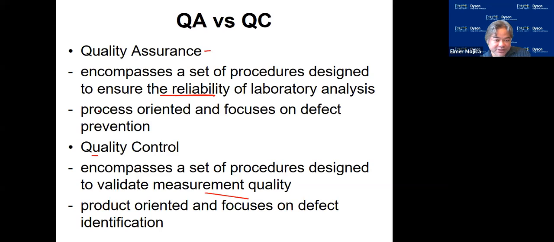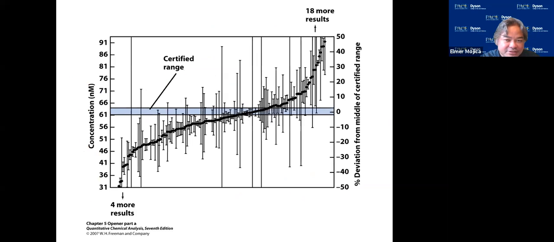So if quality assurance is process-oriented, quality control is product-oriented and focuses on defect identification. So one would like to prevent defects, the other one identifies what the defect is. Okay? So let's say you have this set of data.